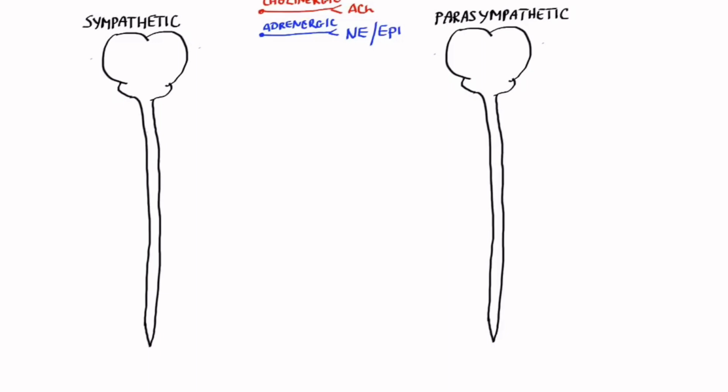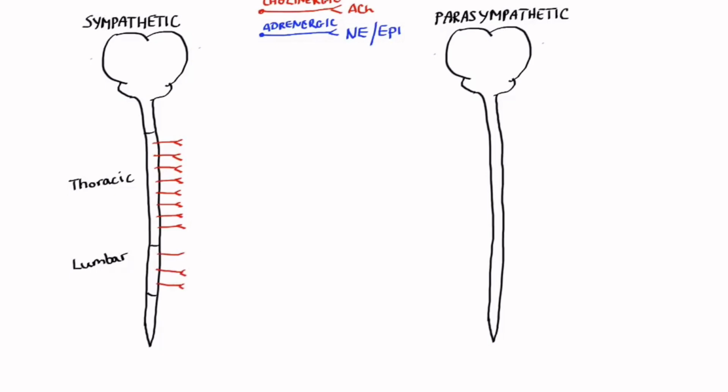Now, let's focus on the sympathetic division first. Sympathetic neurons arise from the thoracic and lumbar regions of the spinal cord. First, we have preganglionic neurons, which originate directly from the spinal cord. They are short and they release acetylcholine, so they are cholinergic.